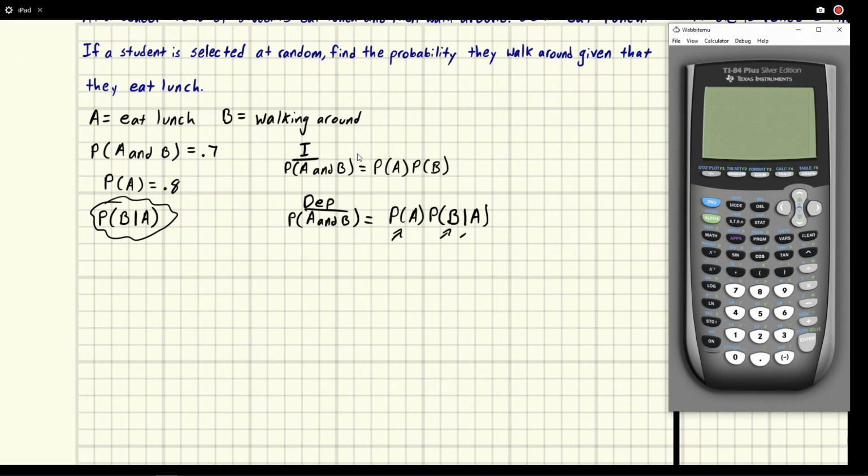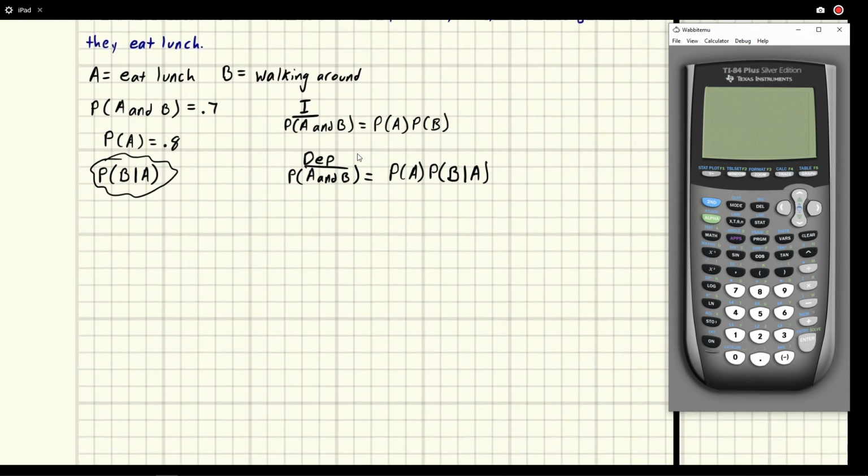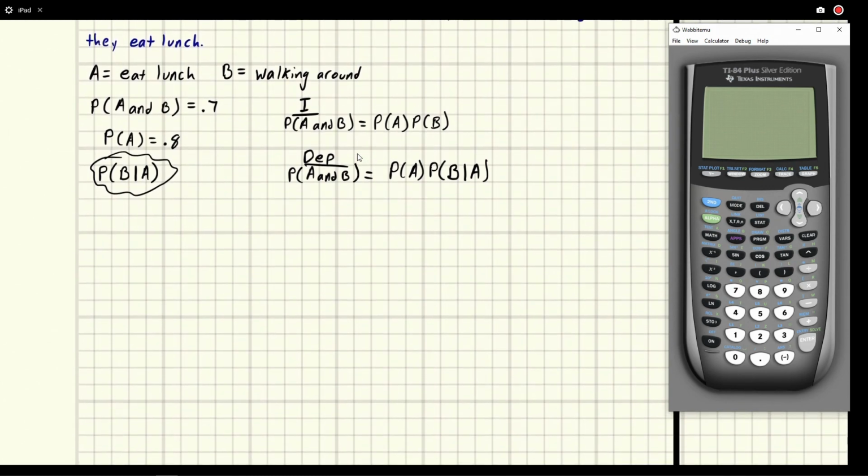So we've got a different looking formula for these. And look at this, if it does turn out it's independent, then we'll just get the probability of B here, and that's the exact same thing as what we have here. So I just really want to drive home this point because, again, if you understand this, it makes it easier to understand what you're supposed to do.